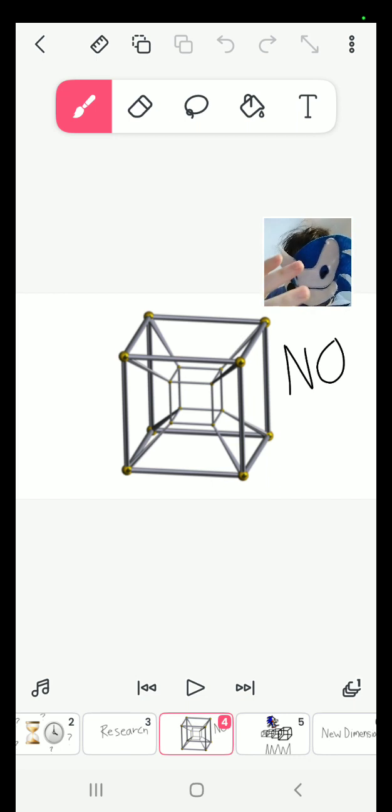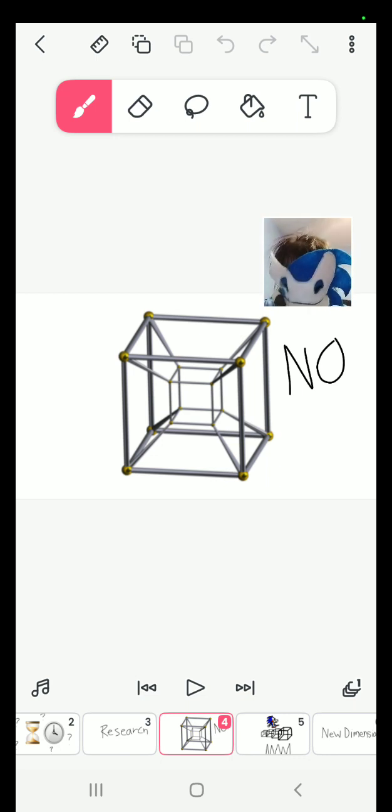So you have the second dimension. It's just straight lines, X and Y. And then when you try to depict the fourth dimension, they use three-dimensional shapes.